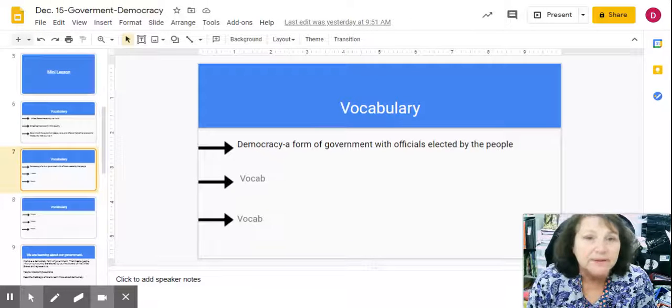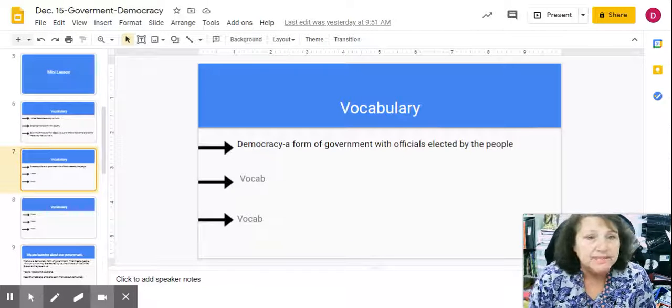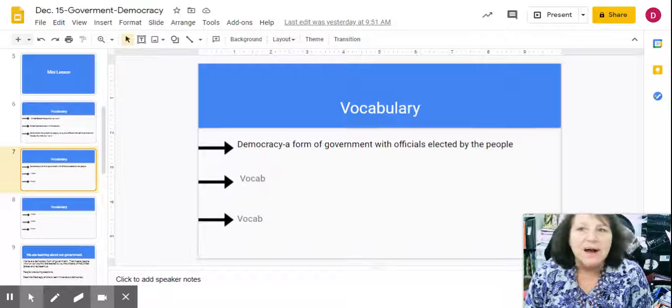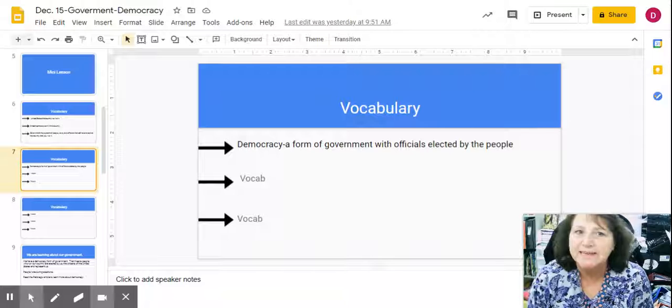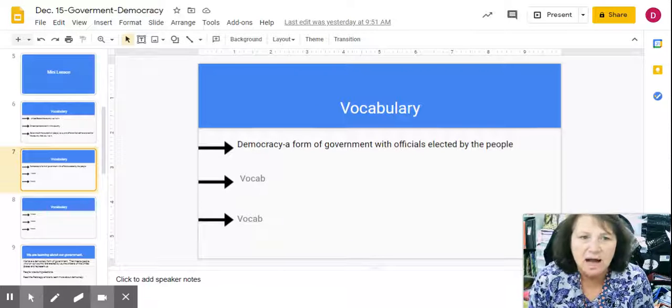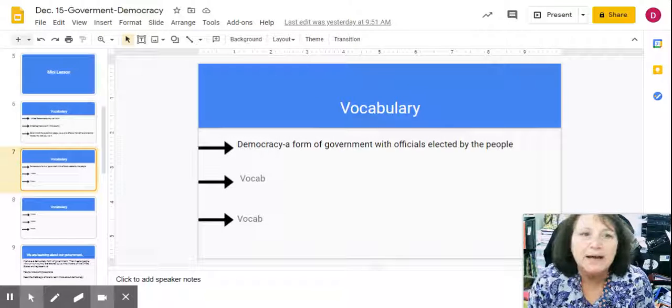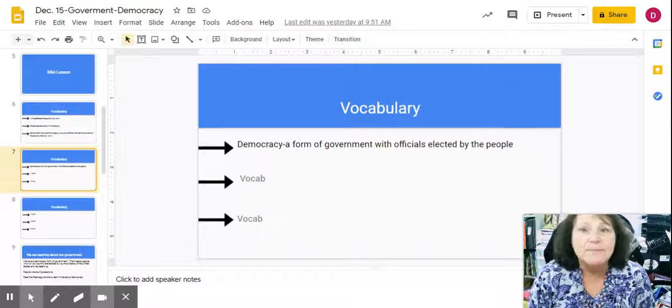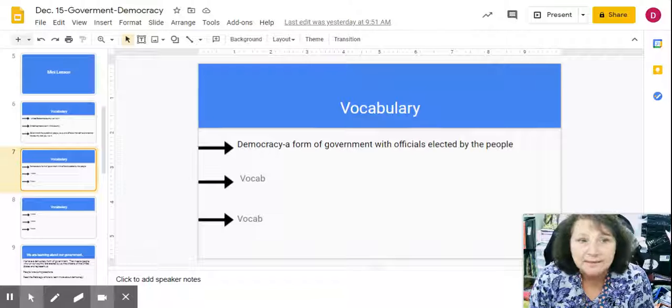Democracy, a form of government with officials elected by the people. So that's what our country is based on, this democracy. The people elect politicians to serve in an office who represent us, the citizens of the United States, and make decisions based on what's best for all of us.